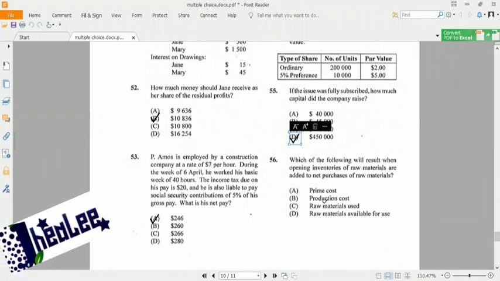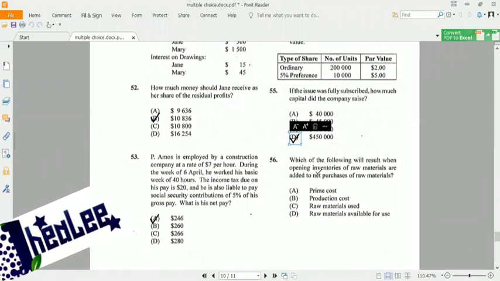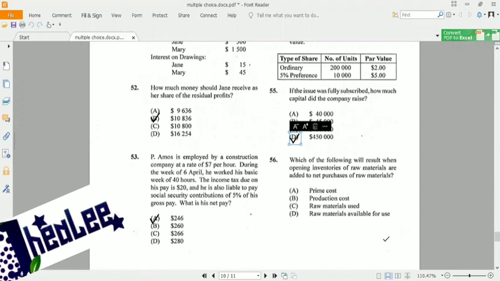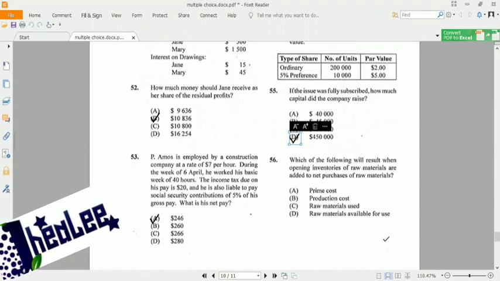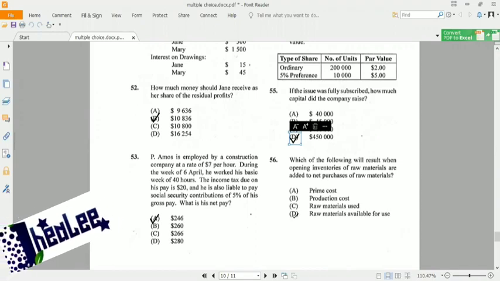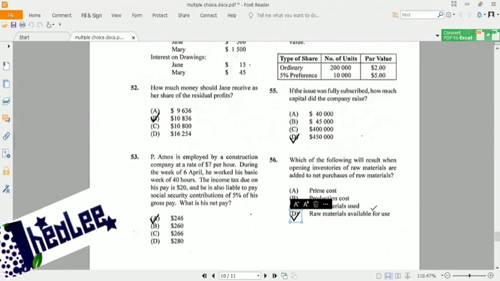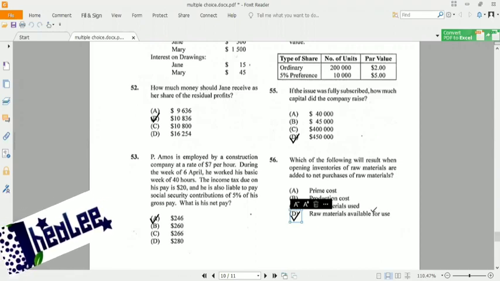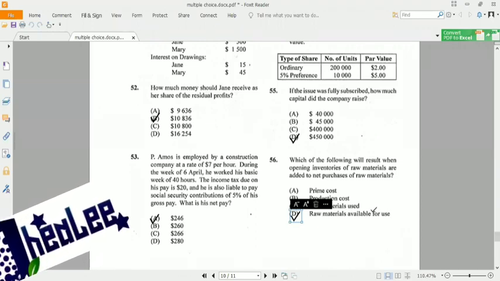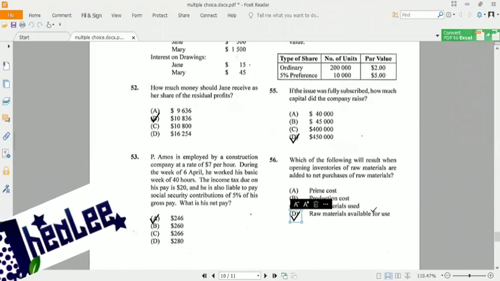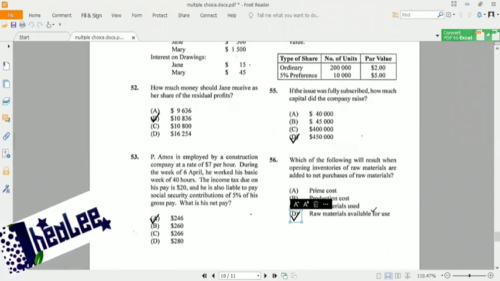Good. Thanks, people. Which of the following will result when opening inventories of raw materials are added to net purchases of raw materials? What would you get? D, raw material available for use. Or what would give us raw material used?